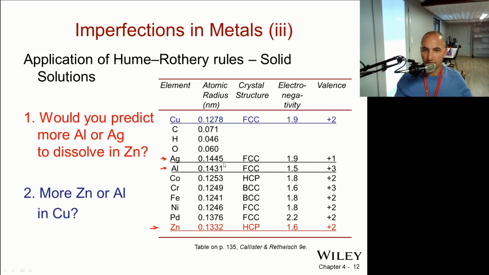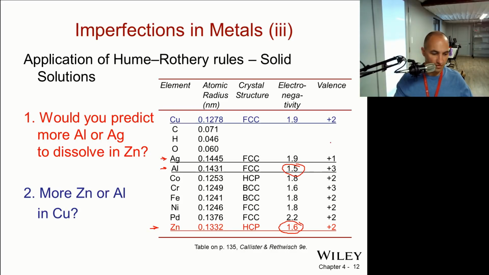And by the way, with the similar electronegativity, you have to compare this electronegativity with this electronegativity. This is the host. So these two are very similar. So that's a good thing.